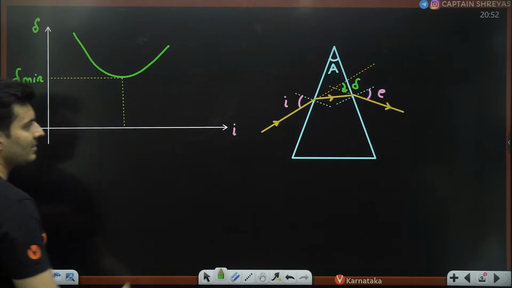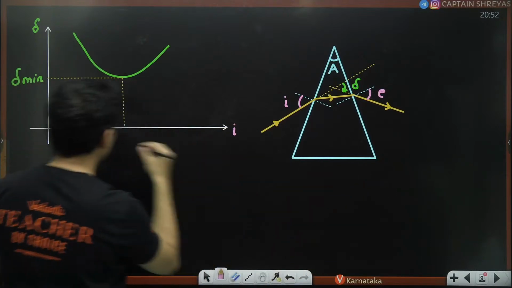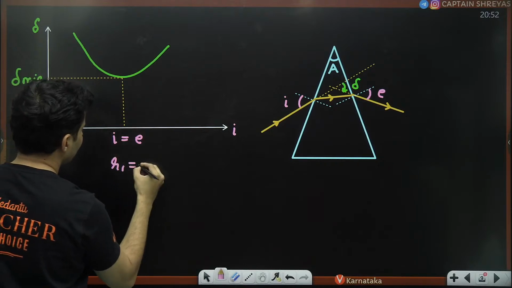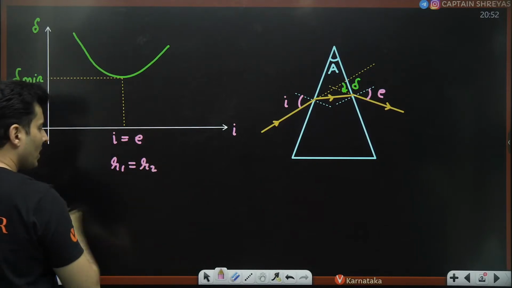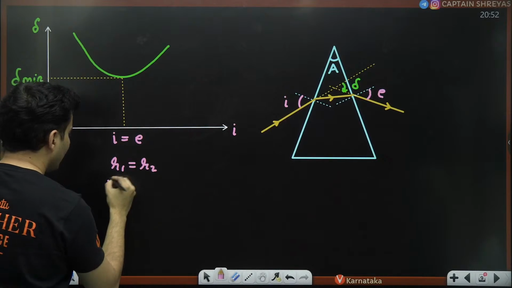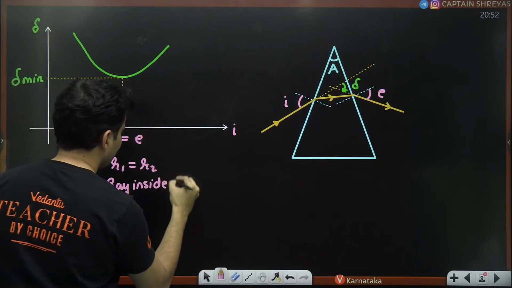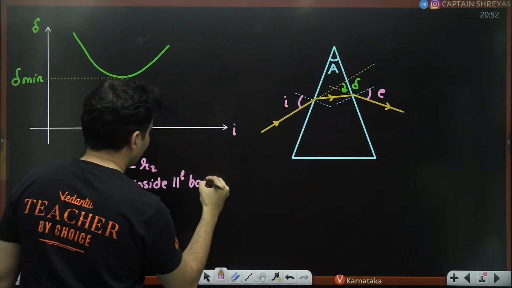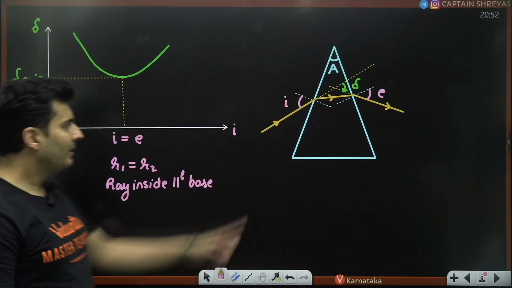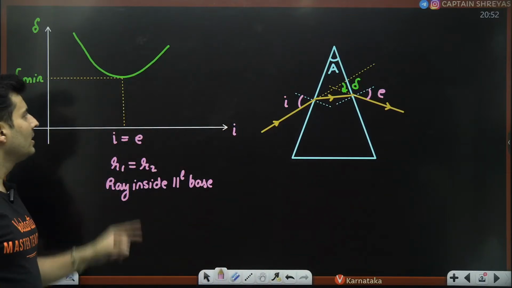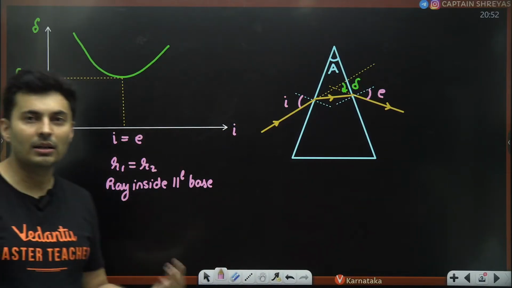Basically it is completely symmetric, which means the incident angle is equal to emergent angle. R1 is equal to R2. Yes, and the ray inside is parallel to the base. The ray which is inside is parallel to the base. That's when the minimum deviation occurs.